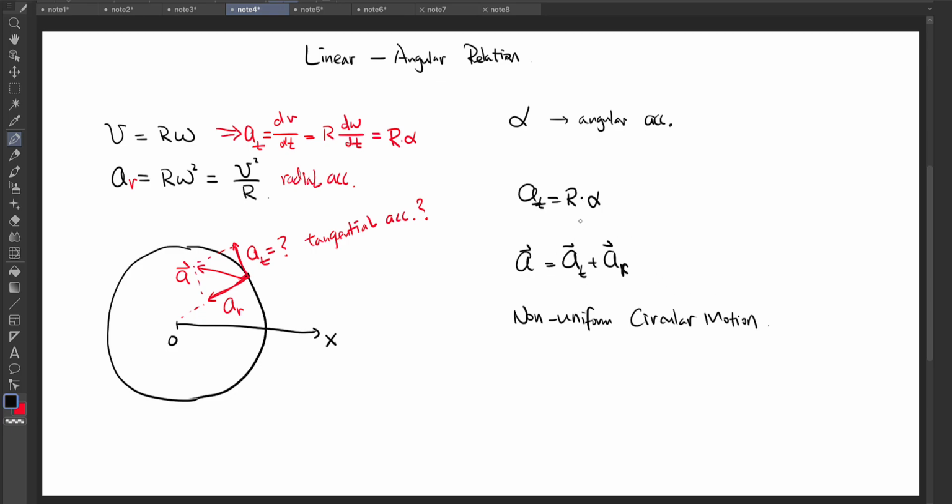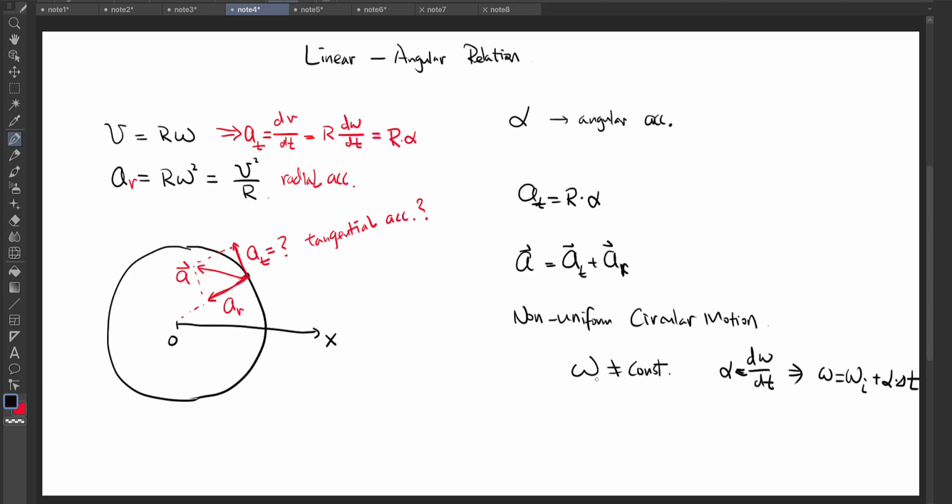The reason for that is because now omega is not a constant. Remember, alpha is d omega dt, so you can integrate this equation, and then omega will be given by the initial omega plus alpha delta t. So it will be changing with time.